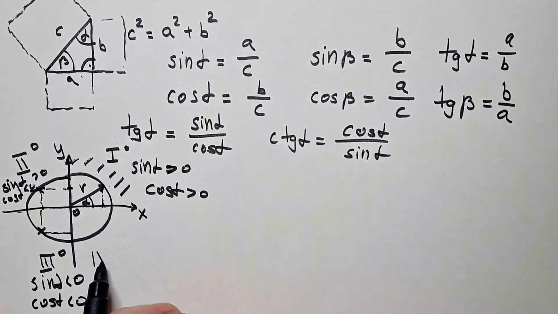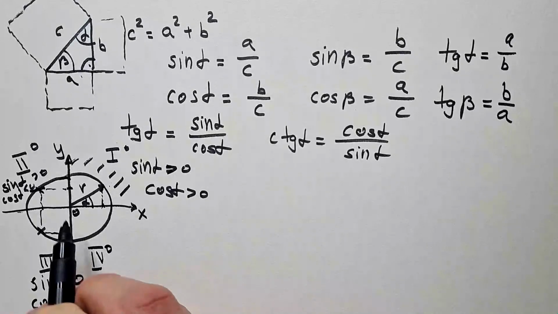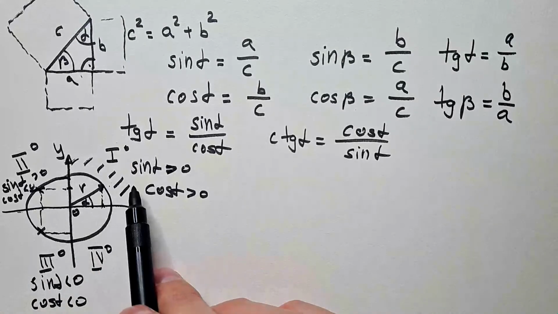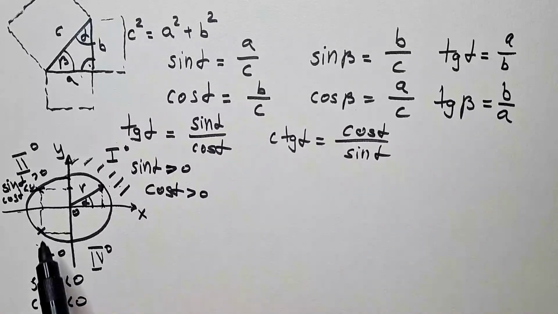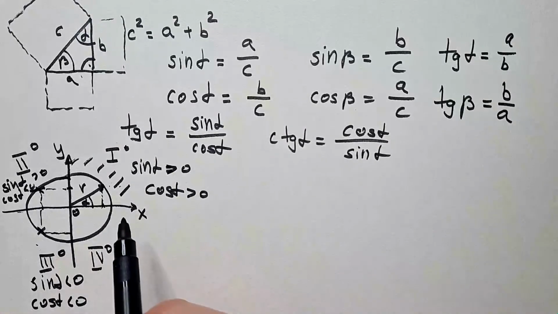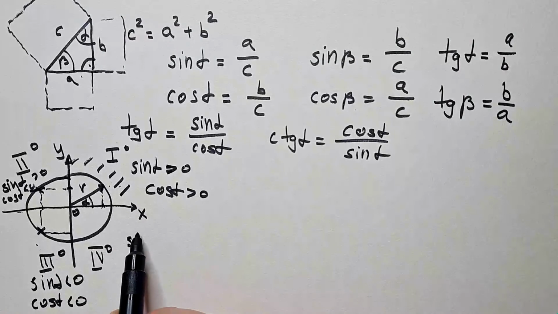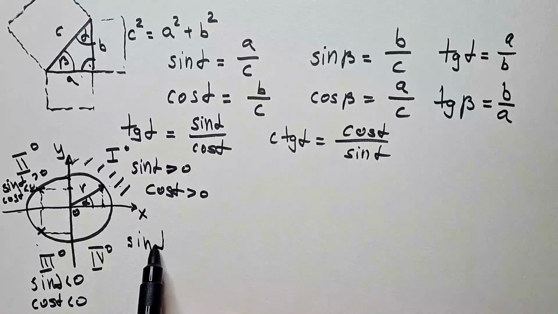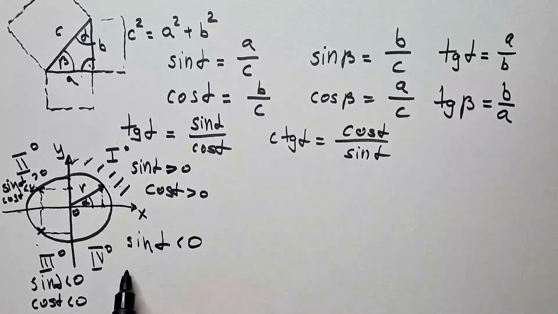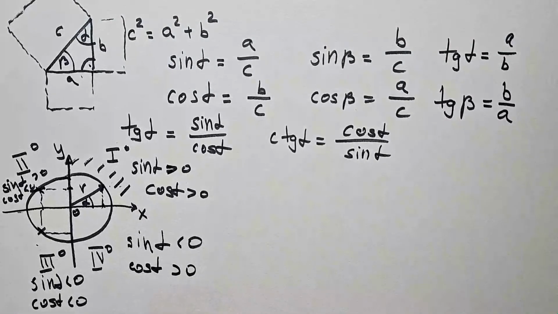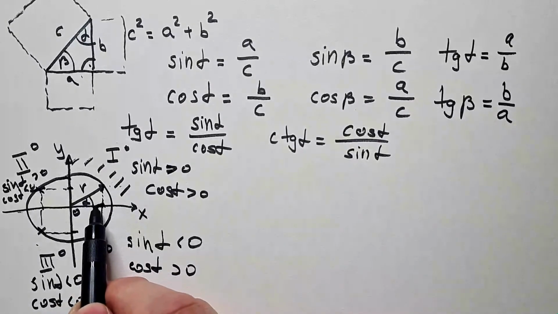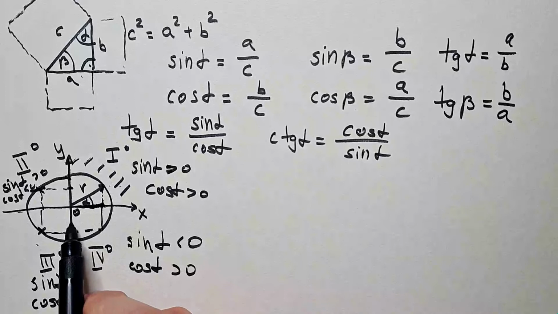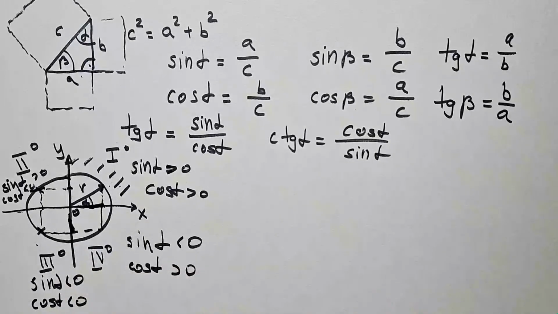And now, without too much talking, in this fourth quadrant, because there is symmetry, you can conclude that sine alpha will be negative, whereas cosine alpha will be positive. But even without symmetry, you can see that clearly because the x projection is positive, whereas the y projection is negative.